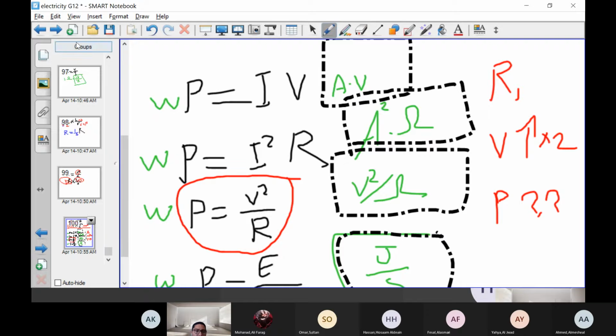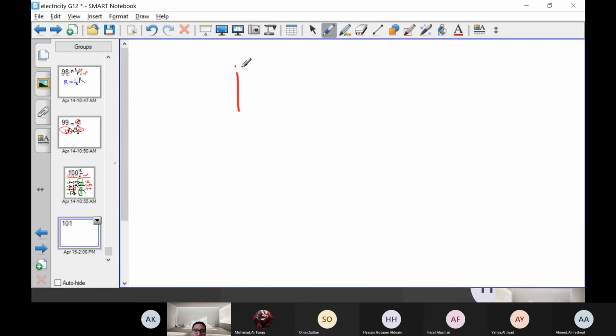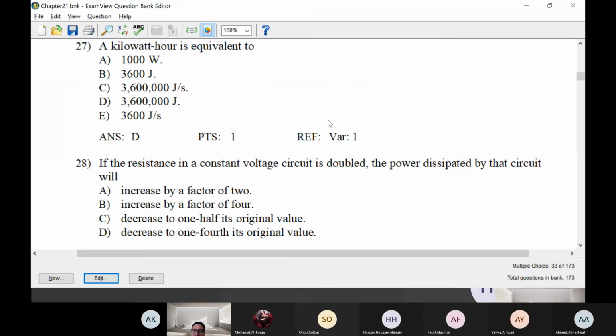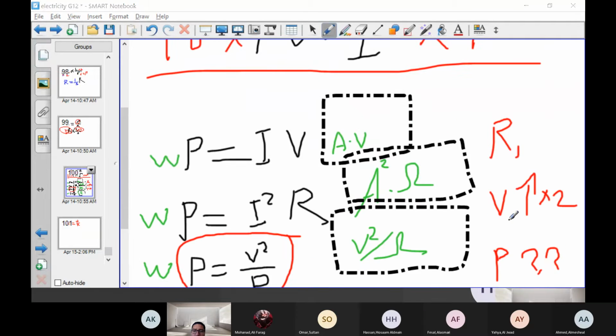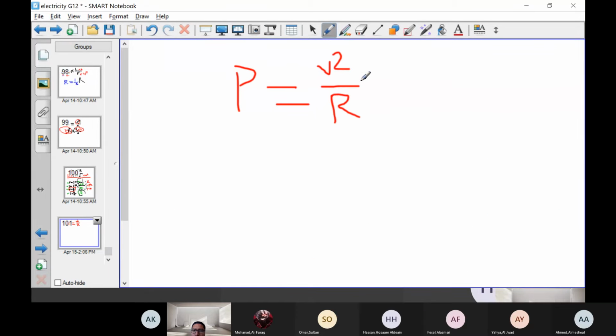Power equals V squared divided by resistance. This is important, guys, because it's tricky for you. What we have done is double the voltage. When you double the voltage, it's multiplied by 2, but 2 squared, so it increases by 4 times.